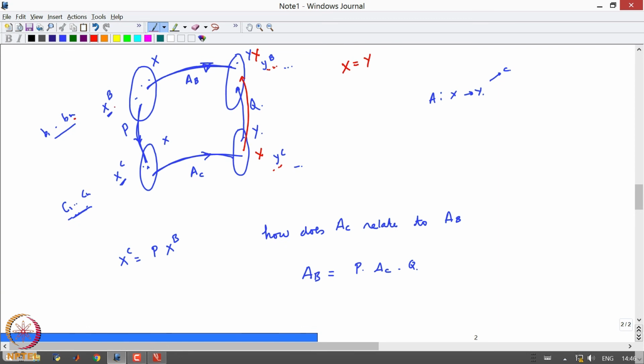So, if I can go from xb to xc via this matrix P, then everything is now X, right. I can go from here till here via P inverse, and therefore, I can write this as P AC P inverse. And then equivalently I can also write AC in terms of AB.